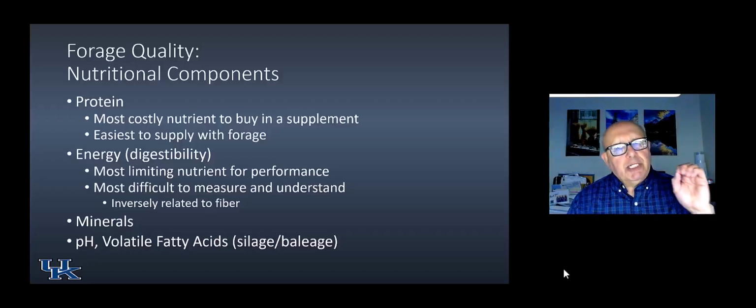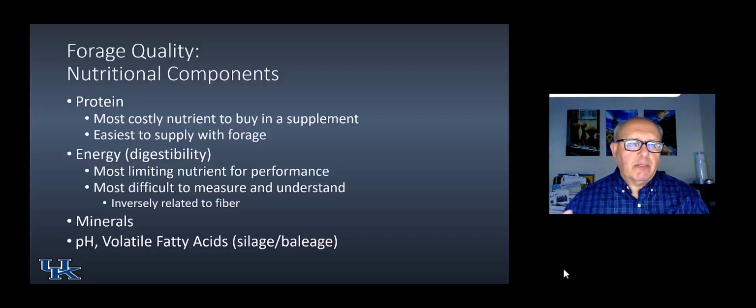We want to go dig deeper and find out about the energy, which is synonymous with digestibility. Energy is the most limiting nutrient for performance for horses, for cattle, for sheep, for goats. But it's the most difficult to measure and understand. And as I told you, we measure fiber.